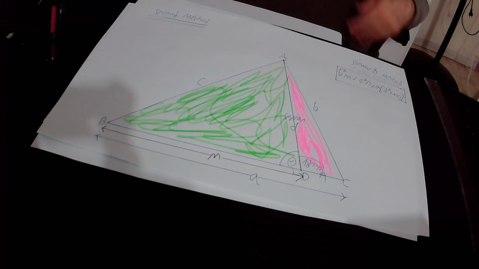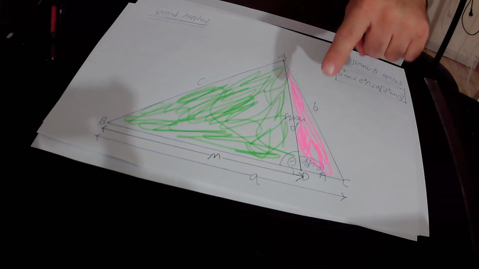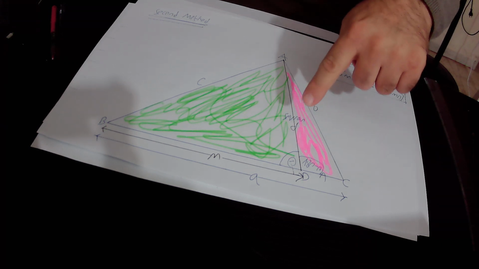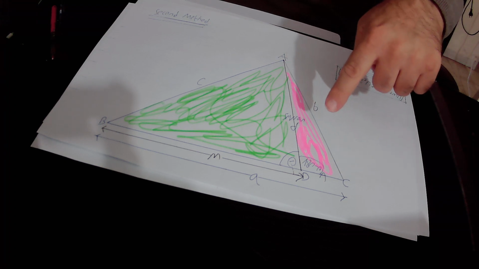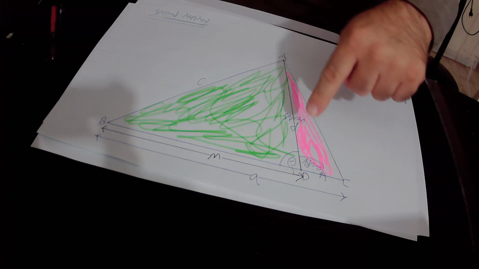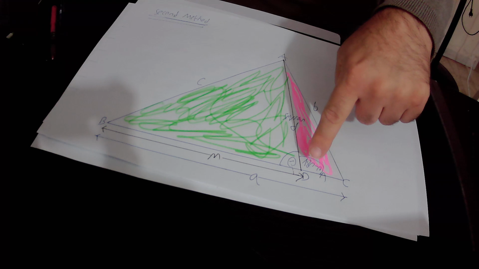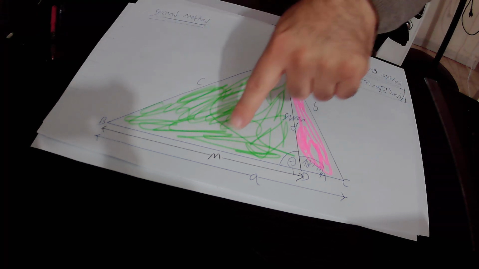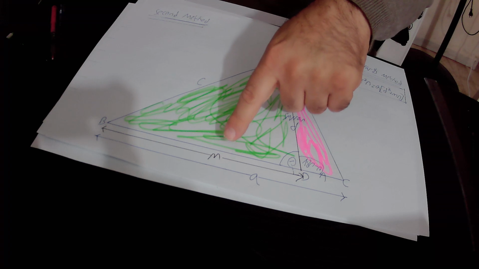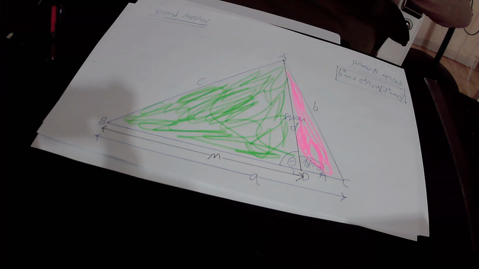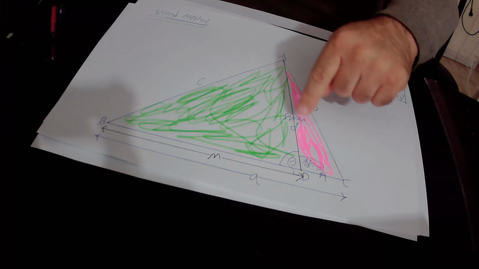So we implemented the law of cosines in the green triangle, triangle ADB. Side DB equals m. So cosine theta equals d squared plus m squared minus c squared over 2 times d times m.